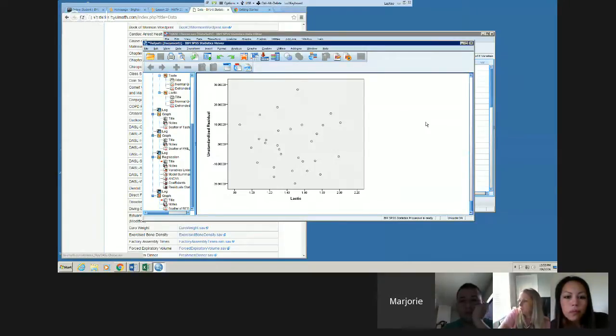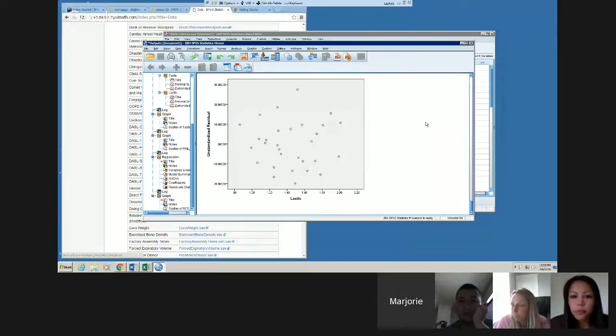After the plots, let's create an appropriate graph. Okay, and then going on, let's see. This is in the answer key. The appropriate graphs to check for a linear relationship are a scatter plot and a residual plot.